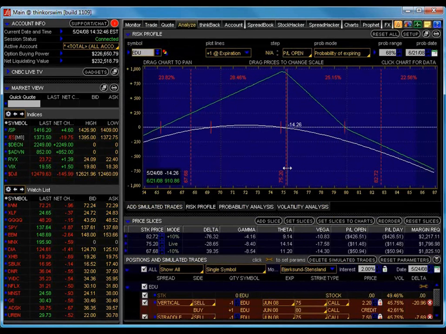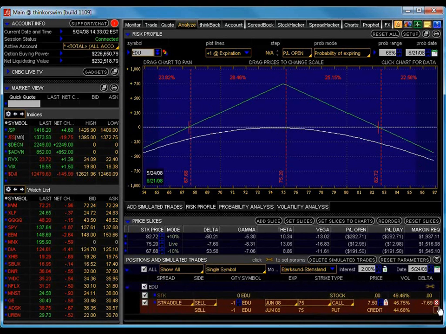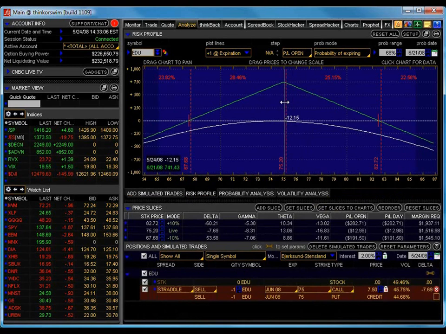You can see that if the price stayed relatively stable, we would have the maximum profit of close to, oops, I got to get rid of that other one. Hold on. There we go. We would have a maximum profit right here of close to $750, which is the amount of credit that we received.